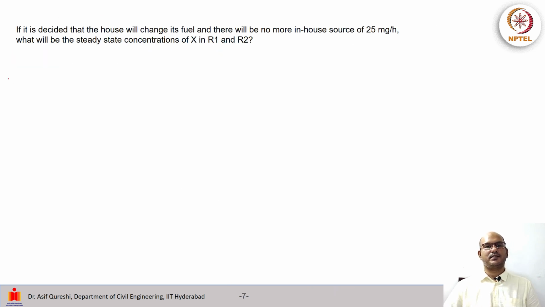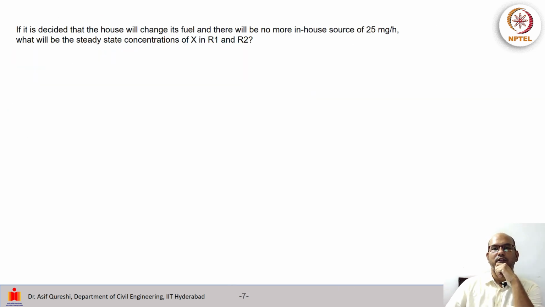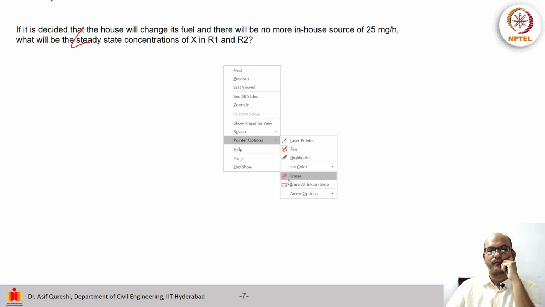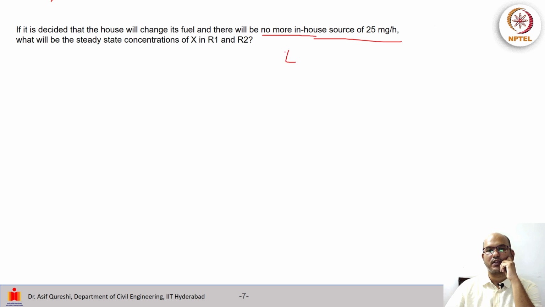Now we are done with tau 1 and tau 2. The next scenario is that there is no in-house source. So what will be the steady state equation? No more in-house source, so E1 equal to 0.